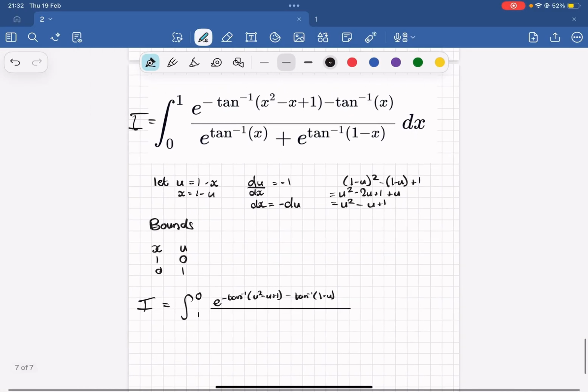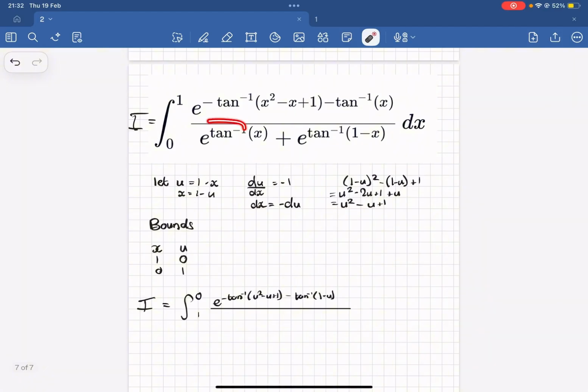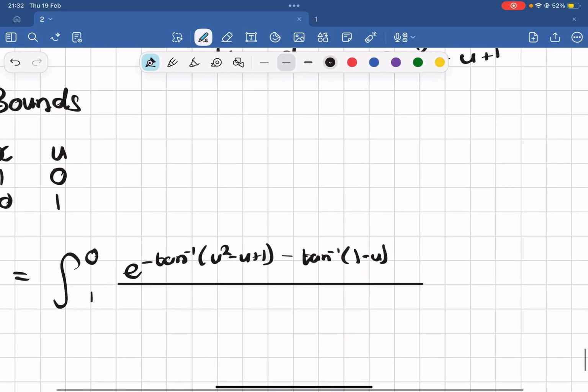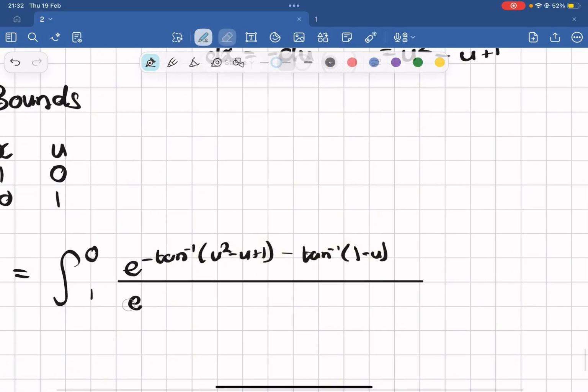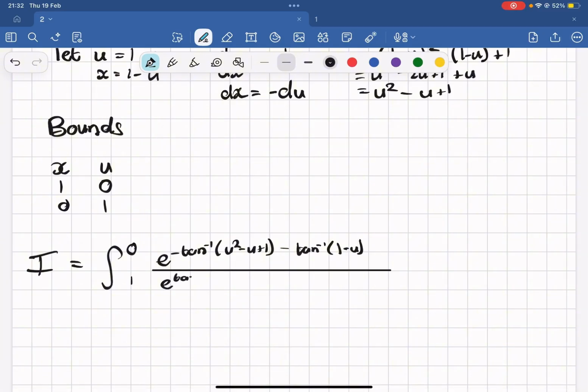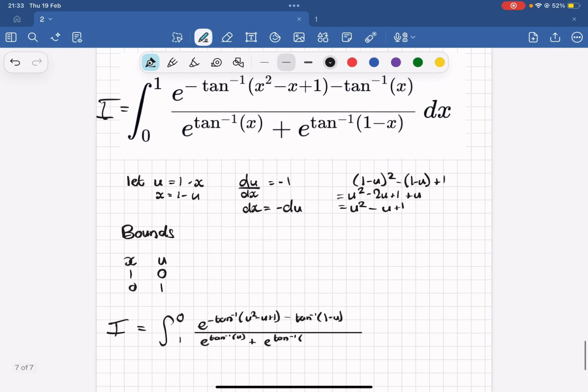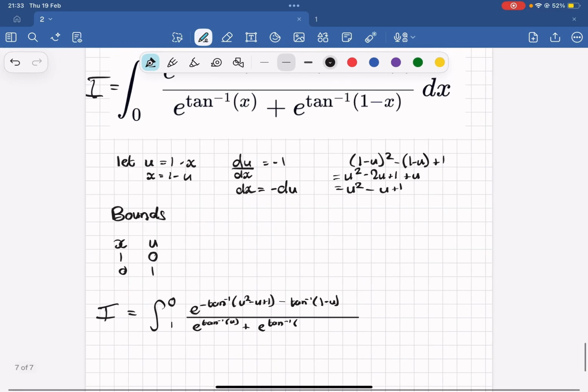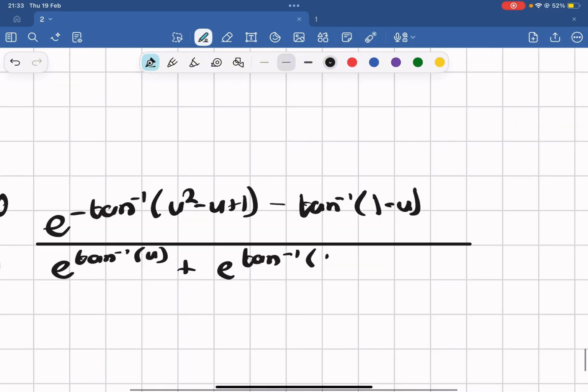Then our denominator will just be the same, except in terms of u, so x and 1 minus x become e to the arctan u plus e to the arctan of 1 minus u. I should be saying arctan actually, not tan minus 1.